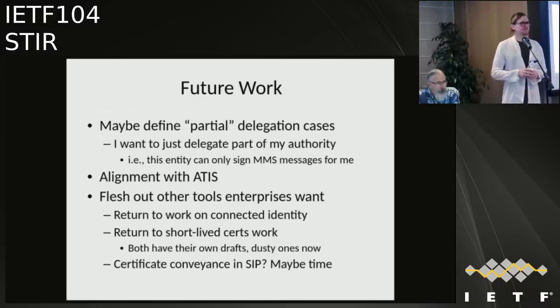Chris, I just want to say, this is very important stuff. People want to know how at least VoIP providers can start signing calls and things like that. So getting this done is important, and getting it done quickly would also be a nice thing.